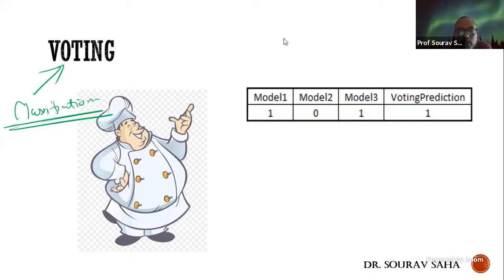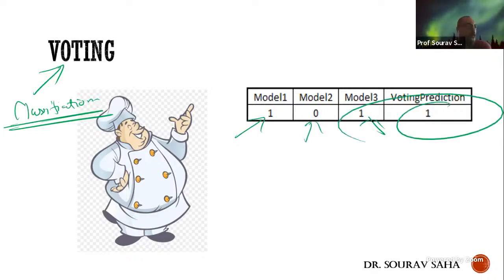In hard voting, what we see is the majority. Here you have three models and a classification problem. Model one classifies it as one. Model two is saying no, it is zero. Model three is saying it is one. So my final prediction is one, which is the majority of what these three models have given.